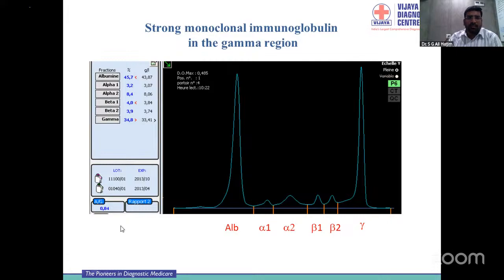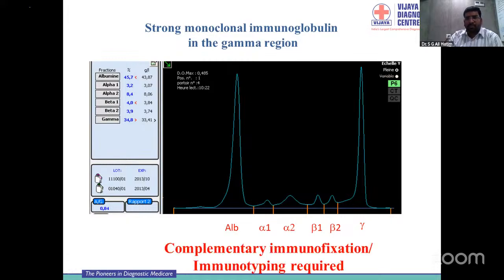Concentration-wise, the gamma globulin is increased. So it's a strong monoclonal peak. How do we know what type of heavy chain or light chain it is? We need to ask the patient to undergo immunofixation or immunotyping to confirm which type of immunoglobulin or free light chain it is.